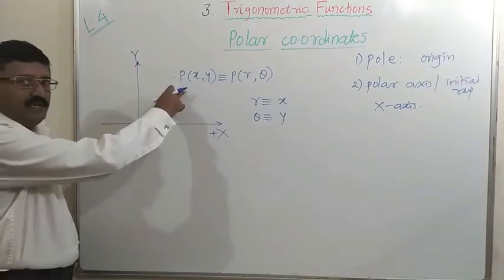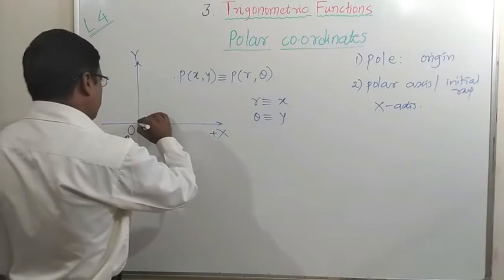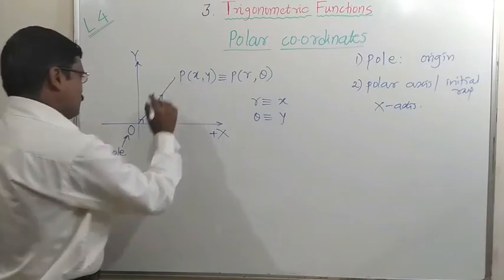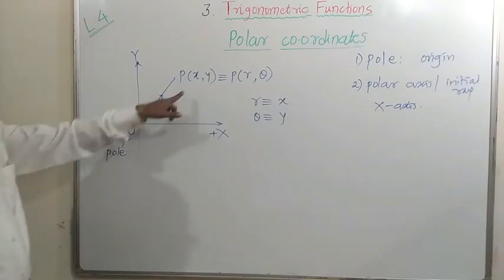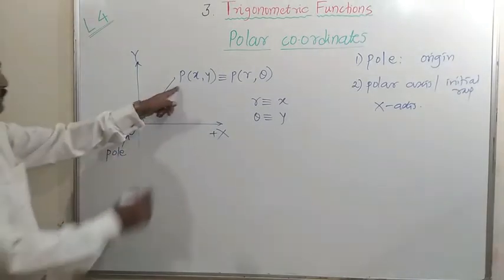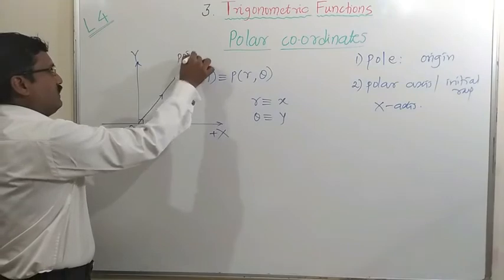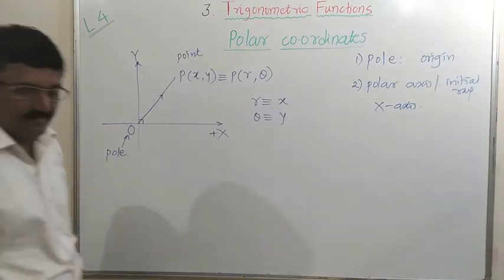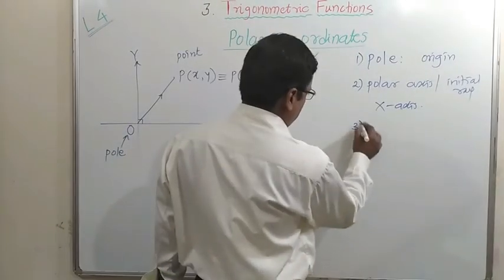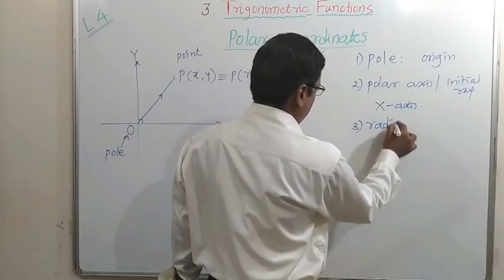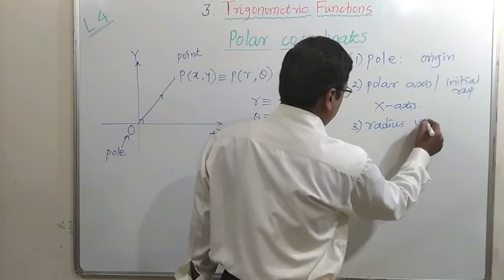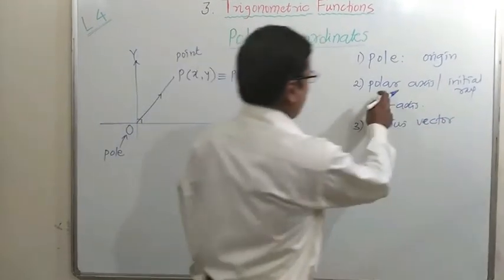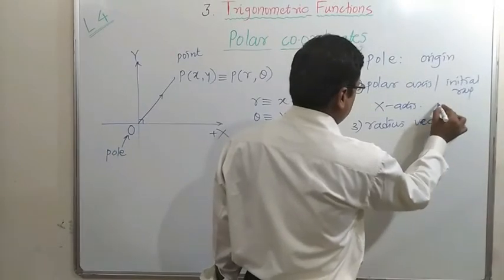If P is any point (x, y), if we draw a segment OP from the origin, that is from the pole, to this point, then this is called the radius vector. So this ray OP is the radius vector, and the polar axis is OX.